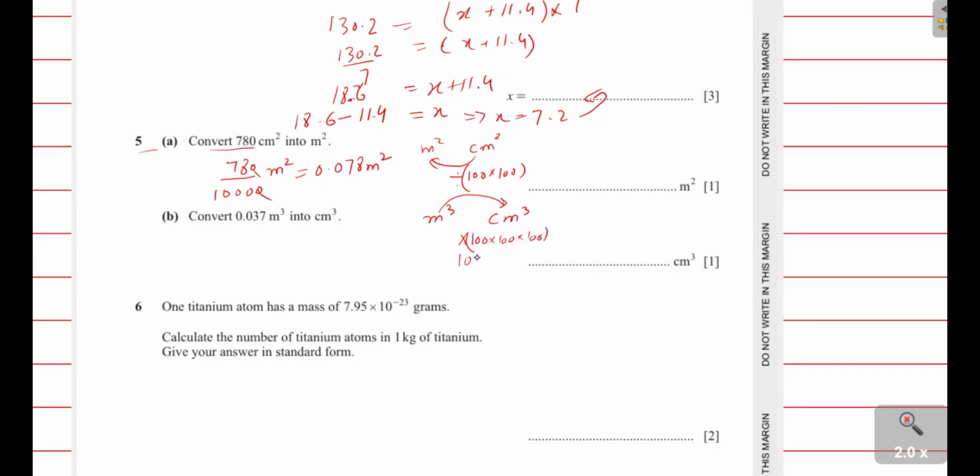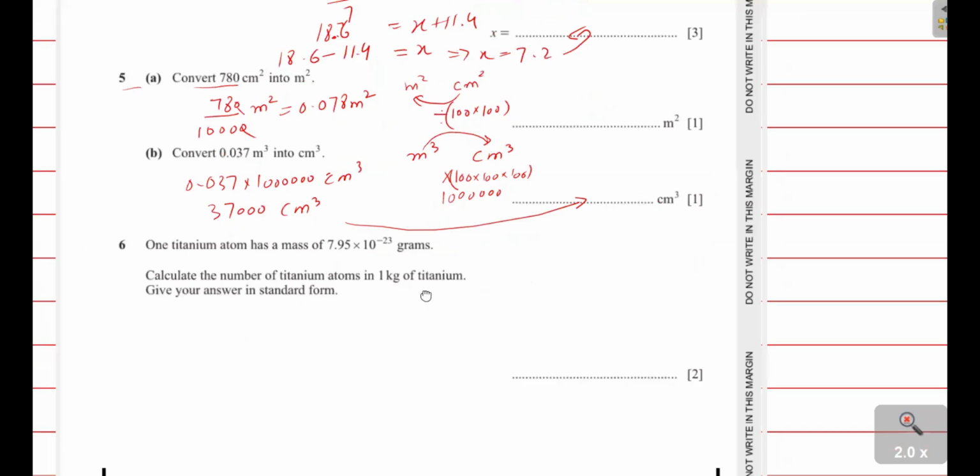It means 1,000,000, and therefore we can write 0.037 into 1,000,000. This value converted into centimeter cube will be equal to 37,000 centimeter cube, and this is the answer.